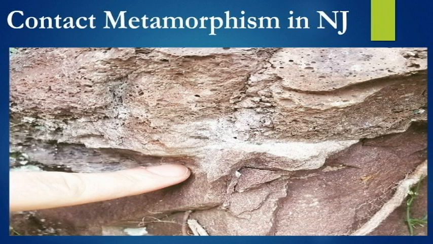That's actually my finger. What you're looking at is this top rock here used to be lava, not magma. And actually, I'm sorry. Is it lava or magma? No, it's definitely lava. It's lava because you can see all the vesicles here. And that once liquid rock touched the sandstone below it. So there's the contact.